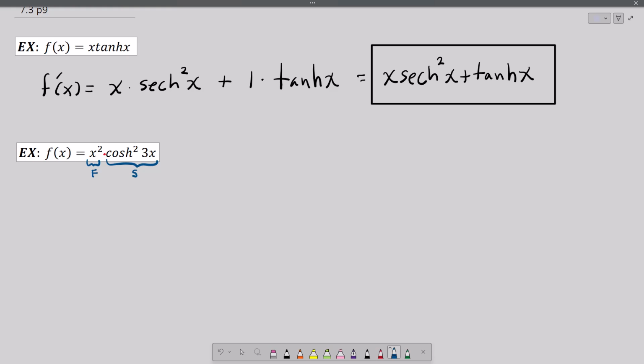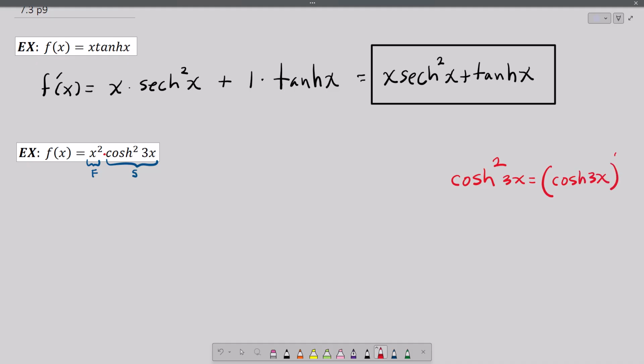It's the most common mistake with the power rule when you have a power on a trig function, and it happens because of the way they write it. Remember, note that cos squared of 3x is really the quantity cos of 3x, squared.